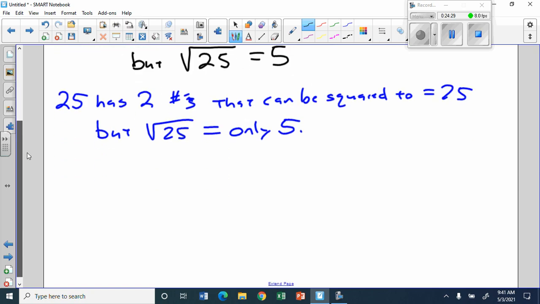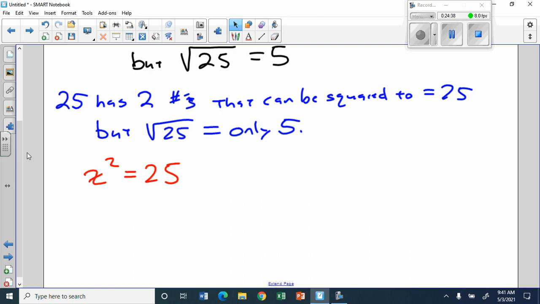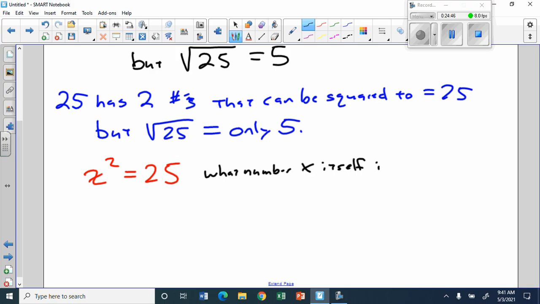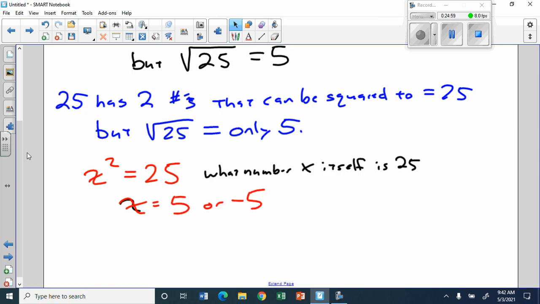So x squared equals 25 is asking the question, what number times itself is 25? So in this case, x could be 5 or negative 5.